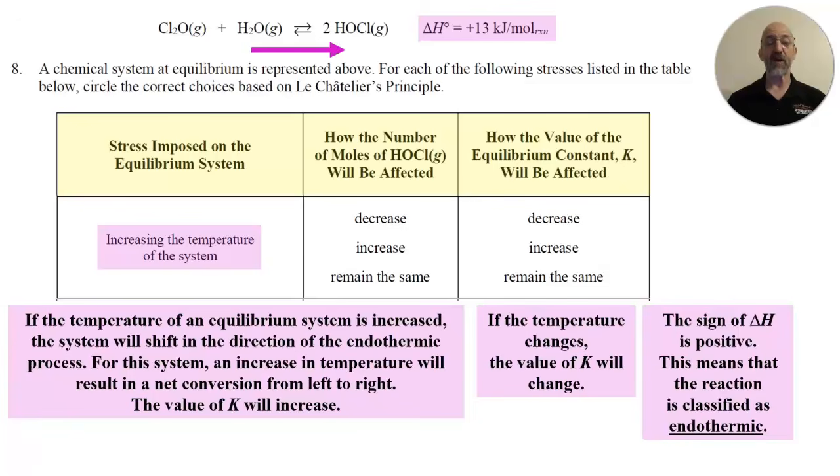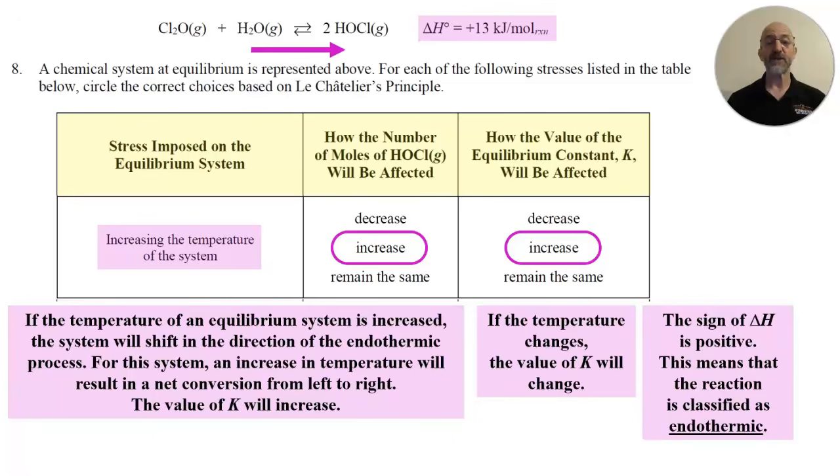So there's my arrow to indicate a net conversion from left to right. The number of moles of HOCl will increase as we experience a conversion from reactants to products, or from left to right, and the value of K will increase. All right, well, those are the answers and explanations for all parts of question 8.